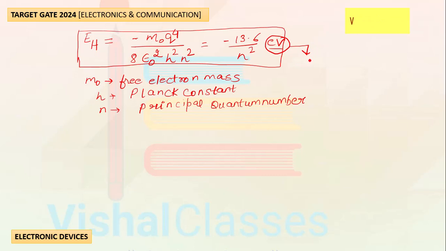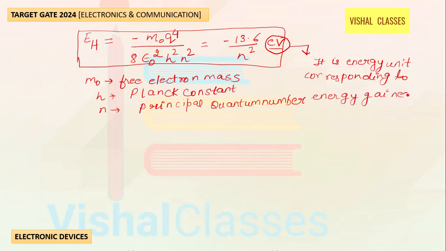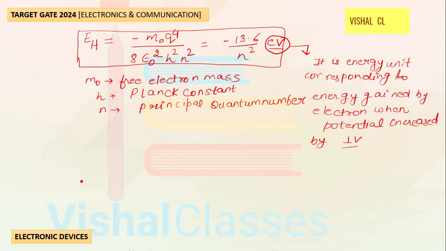It is an energy unit, corresponding to the energy gained by an electron when potential is increased by 1 volt.